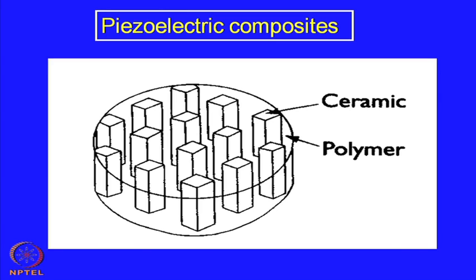So, ceramic polymer composites, in addition to pure ceramics, are also a very important group of piezoelectric materials, and they have a tremendous amount of industrial applications. We will try to discuss a few of them in a few minutes. So, this is all about ceramic polymer composites.